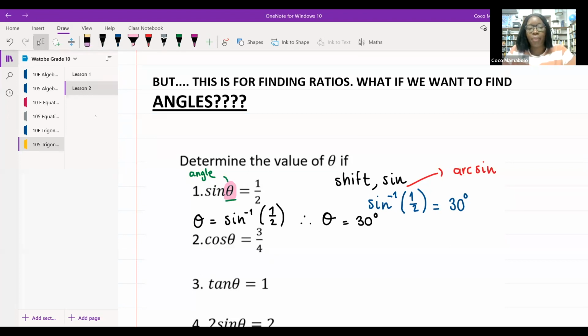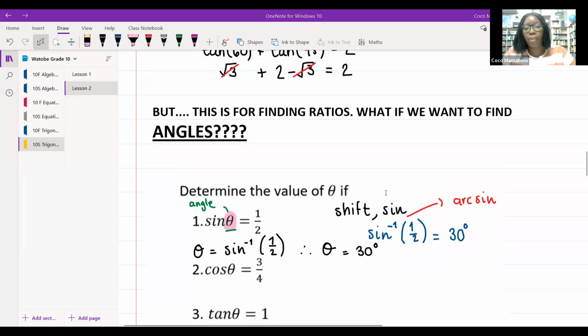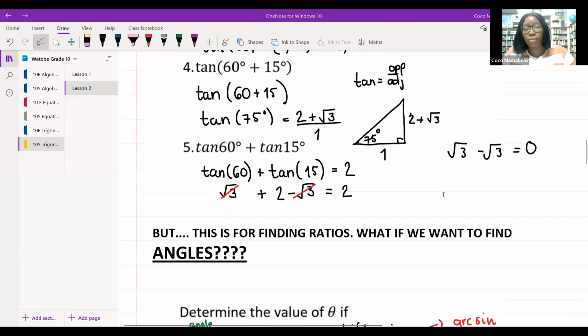Hi, Akhumile. Hi, ma'am. For the previous exercise, it was number 4, ma'am. So I said 10 and open bracket 75. Then I got a decimal number. Yes, that's going to happen. Okay. What kind of calculator do you have? Casio.